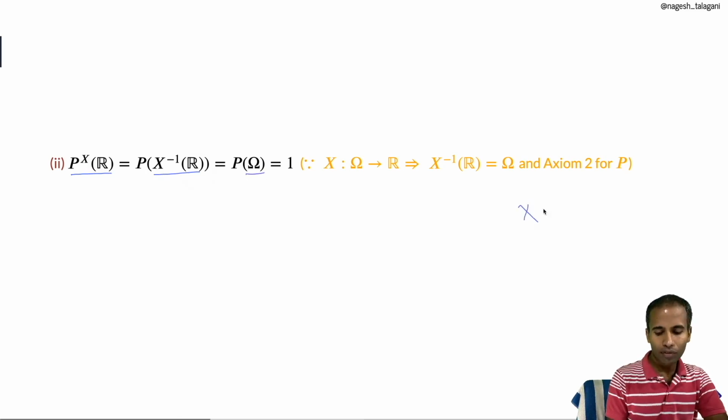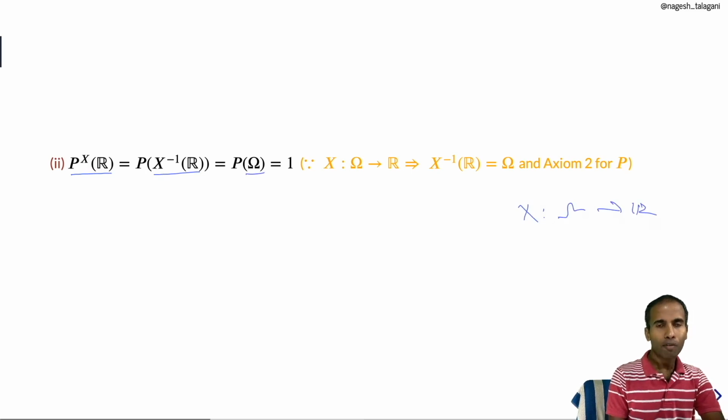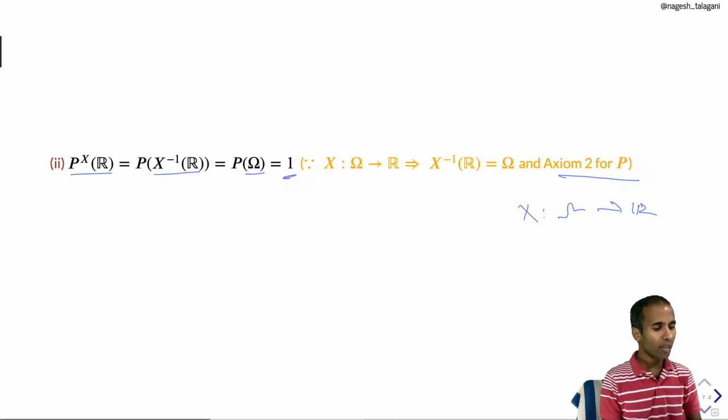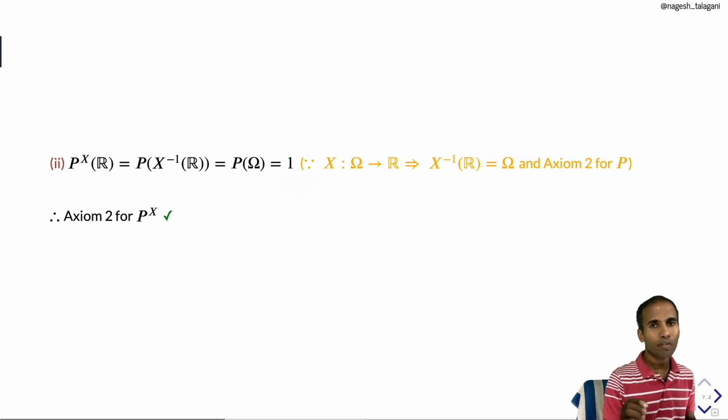X is a function from omega to R, right? The inverse image of the whole codomain is the whole domain, which is omega, and we know that the probability of omega is 1 using axiom 2 for P. So therefore Px of R is going to be 1. So axiom 2 is also verified. Now let's verify axiom 3.